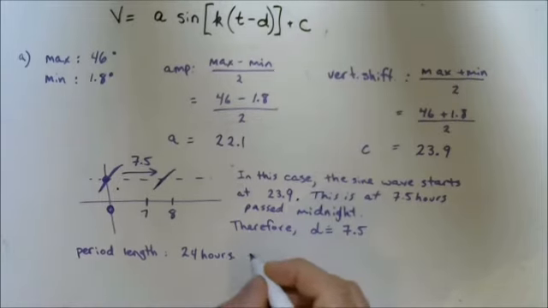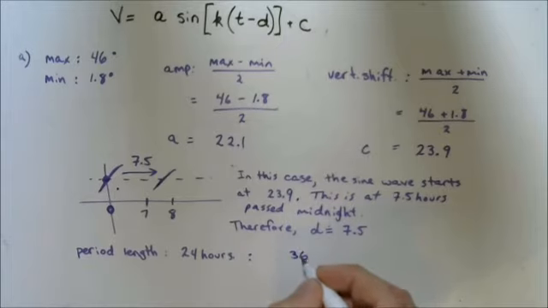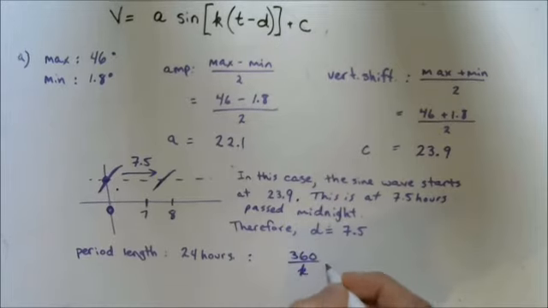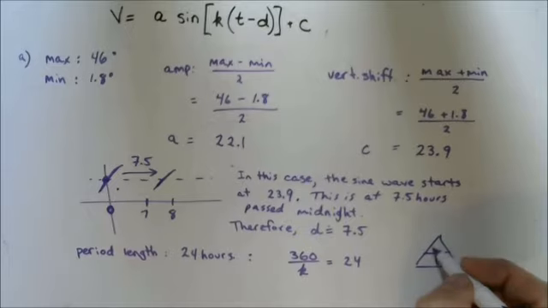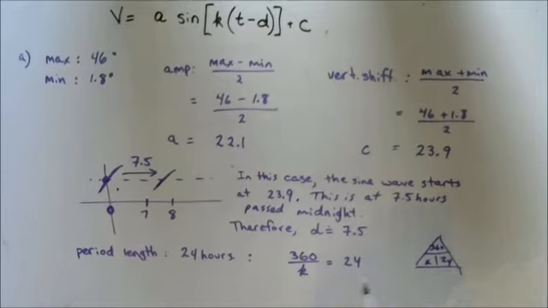And that will help us to determine K, because period length is equal to 360 over K. And so we do our algebra on this. You could even think of this as like a little division multiplication triangle here where you have 360, K, and 24. So K is 360 divided by 24. So K is 15.